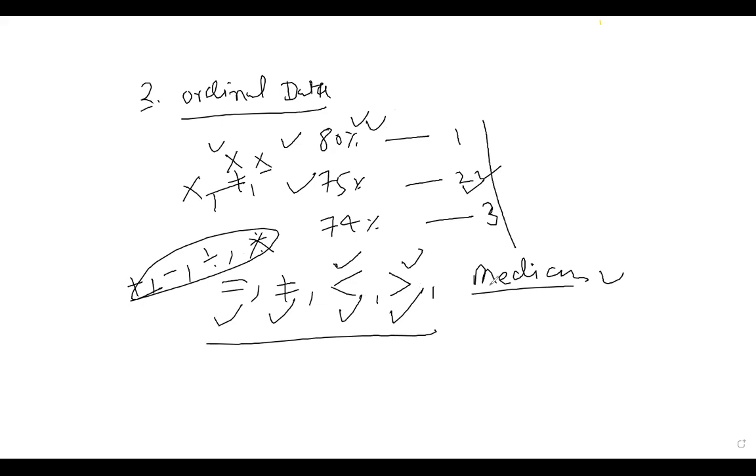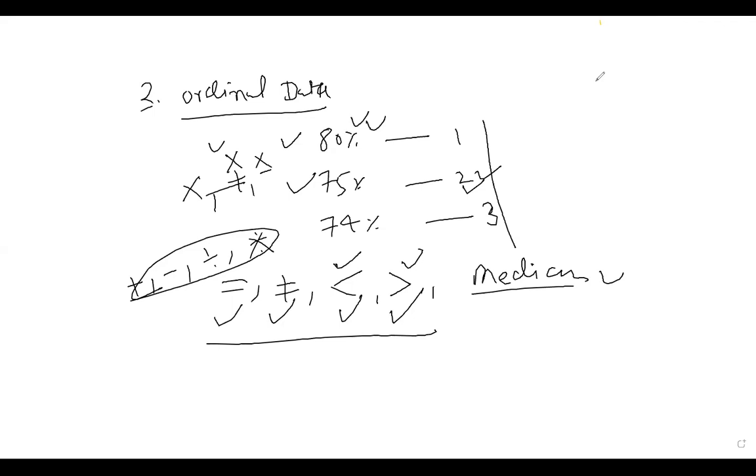The third case is the interval. No, we cannot say how much greater. We can't say the rank one holder is 2% greater than the rank holder 2. Like in a Miss India contest, you cannot say Miss India one is 2% more intelligent than the other two.